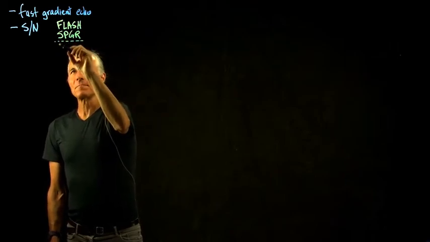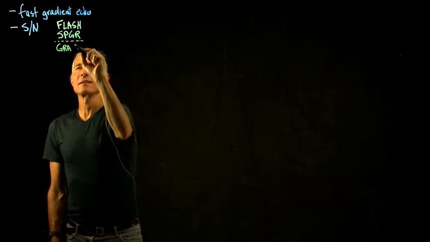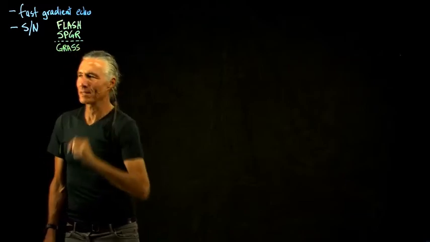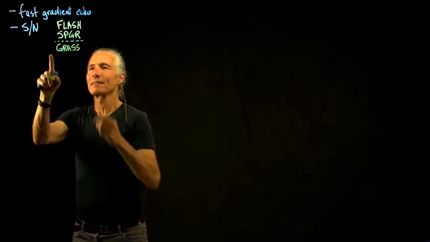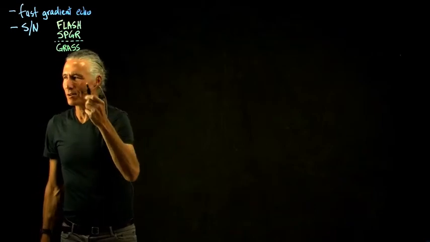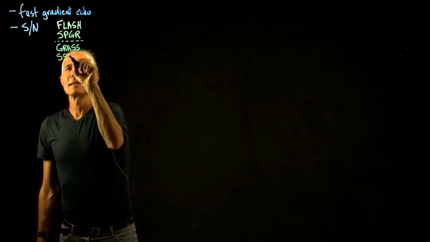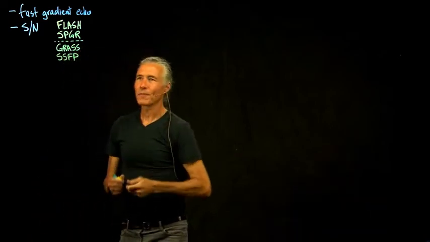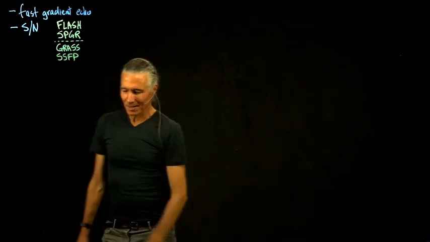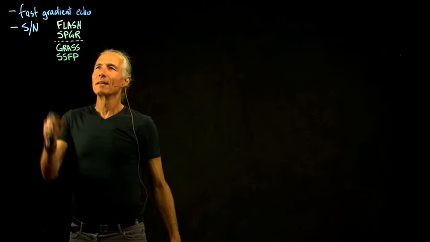There's GRASS, which is like gradient recalled echo in the steady state or something like that, and that's unspoiled GRASS. But of course the other company couldn't call it that, so sometimes you call that SSFP. So all of those are words in the MRI language that you'll see if you look at any articles.